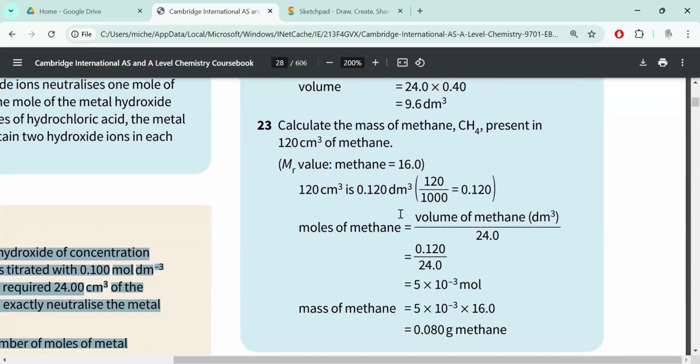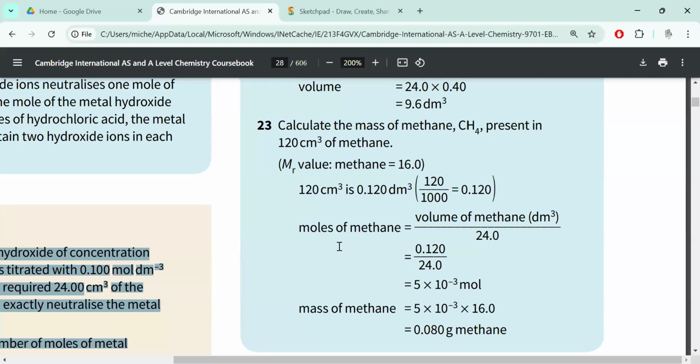For question number 23, we have to calculate the mass of methane, CH4, in 120 cm³ of methane. So the Mr value would be 16. Now we have 120 cm³. We're going to convert that to dm³, so we have 0.120. And now we're trying to find the mass.